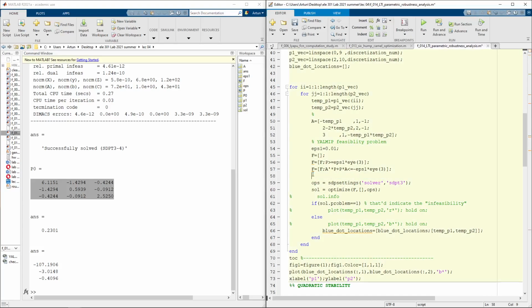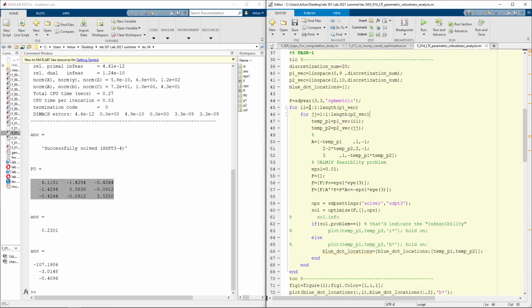Let me write it outside of the for loop. The for loop is already slow as is. Since we have two parameters, we have two for loops. We are iterating over those parameter arrays, and we are assigning that.